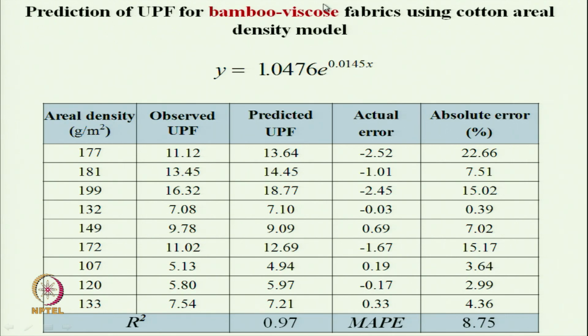And if we use this areal density of cotton with the bamboo viscose, the error has increased to 8.75, but still this error is much lower than the cover factor.